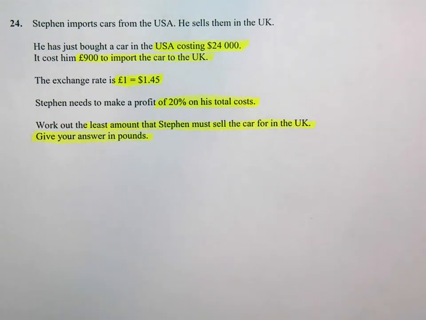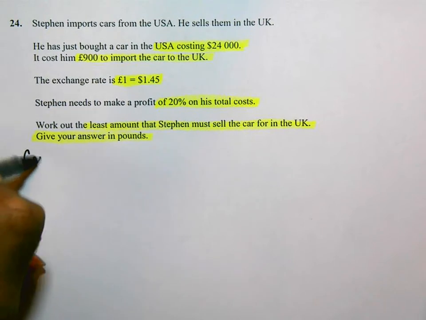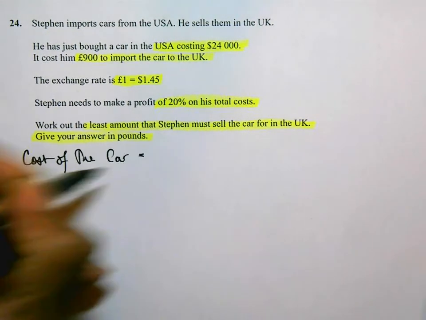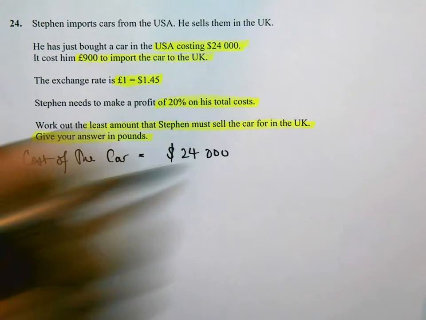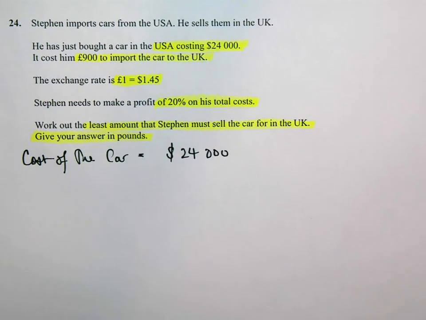Okay, so this is another multi-stage question because there are multiple stages to it. What I'm going to do first of all is start changing things into pounds. So he bought the car, so the cost of the car is $24,000. Okay, but we know that £1 is $1.45.